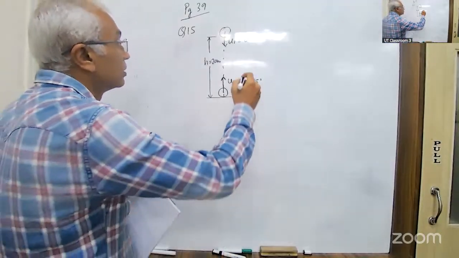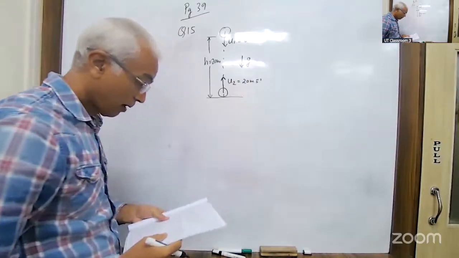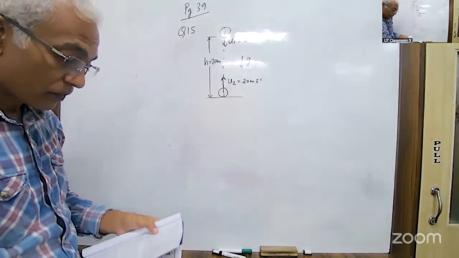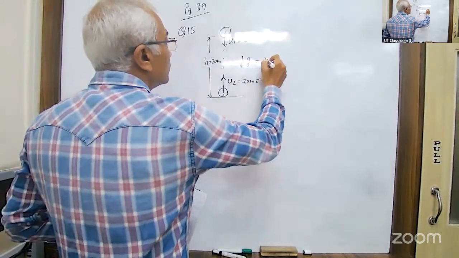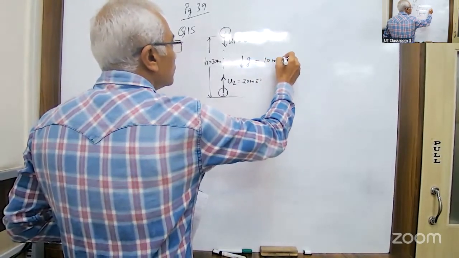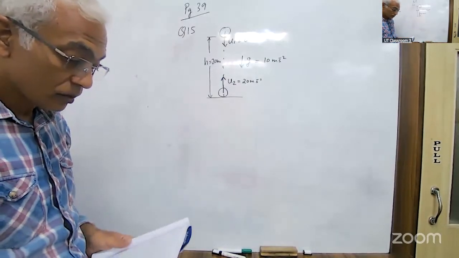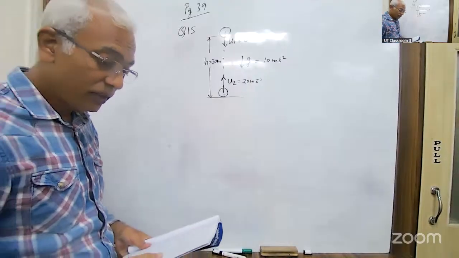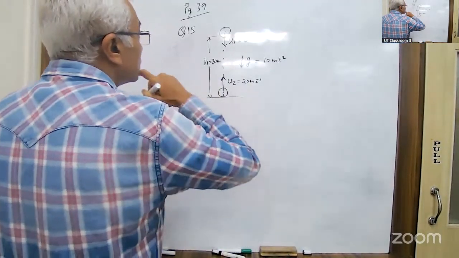And what about acceleration due to gravity? It is always downward. Then you have to take g as 10. That is given in the question. Now you have to find when and where the two balls will meet.